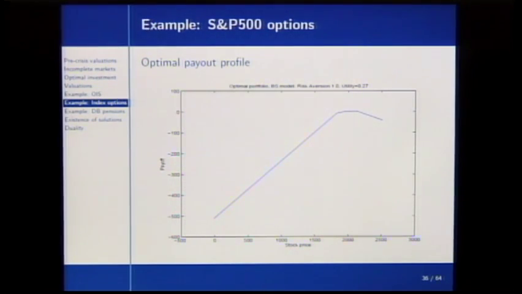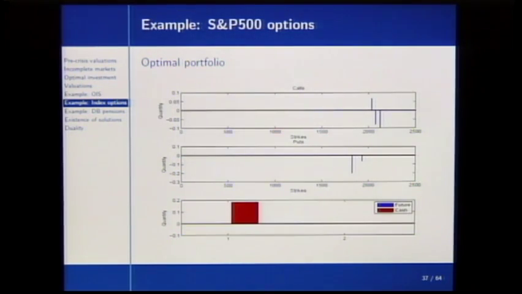So that you can get by options and the underlying and cash. Here's the portfolio. Those are the amounts you take in the calls, and these are the positions you can take in the puts. I think that's cash or the underlying. Yeah, that's cash. There's 0 position in the underlying.